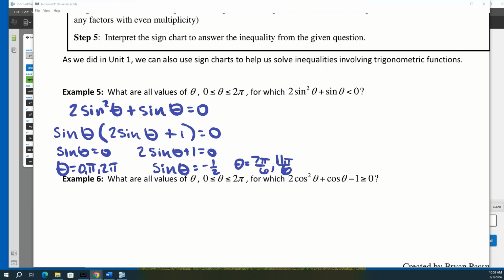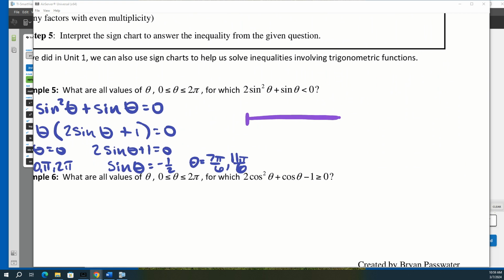So if this was an equation, we would give those answers. But it's not. It's an inequality. So what we're going to do is draw a number line. Now, what's different from when we did this with polynomials and rational expressions is that the number line just kept going in both directions. Our number line, because this is our interval, is going to stop at 0 and 2 pi.